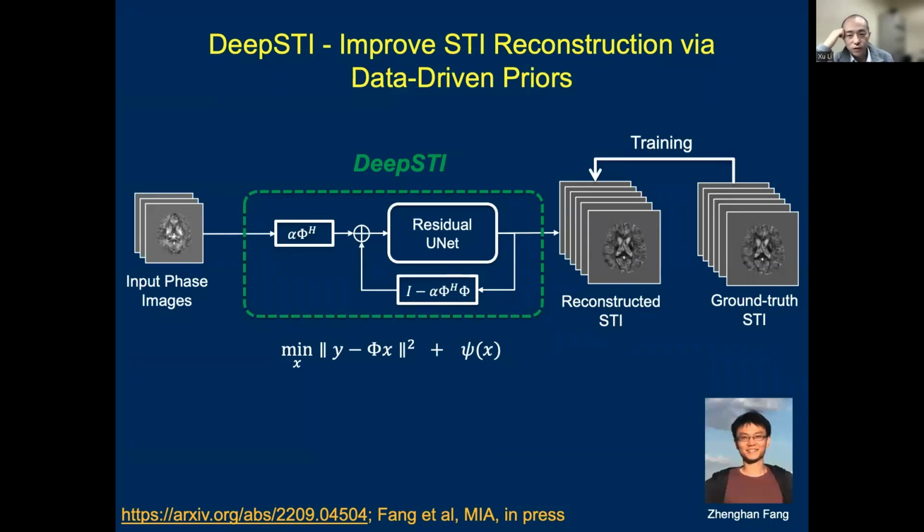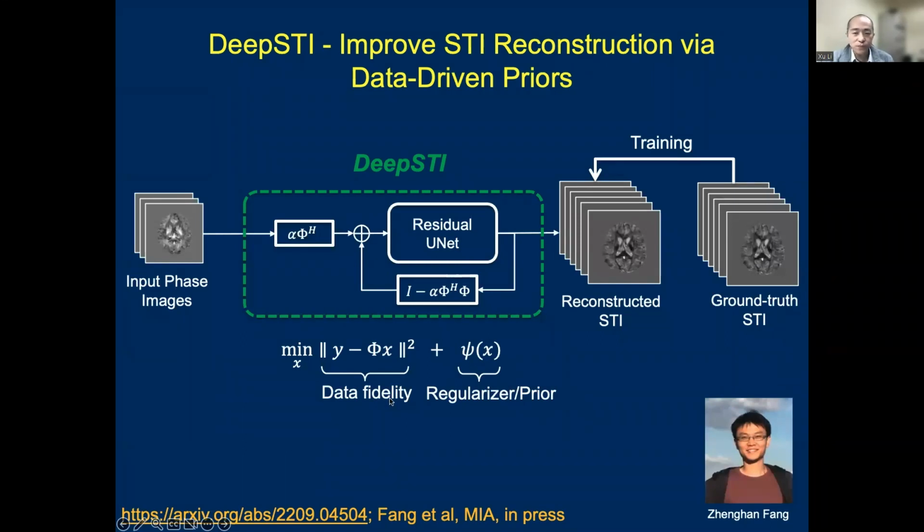This work aims to improve the STI reconstruction using data-driven priors that we can learn using a powerful neural network. It's similar to the LPCN QSM idea, so that we train the neural network as a regularizer that can be used to learn the a priori information for the STI inverse reconstruction.